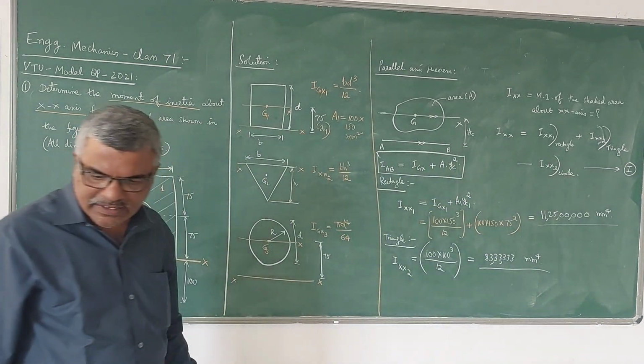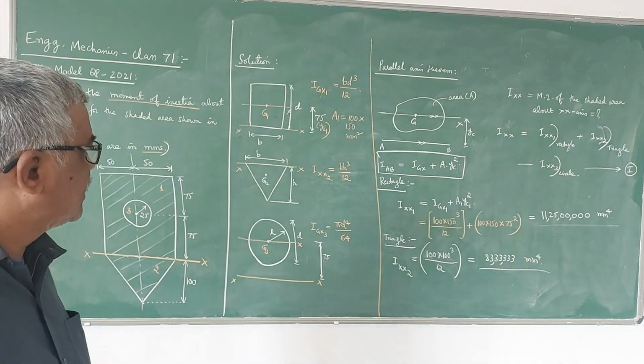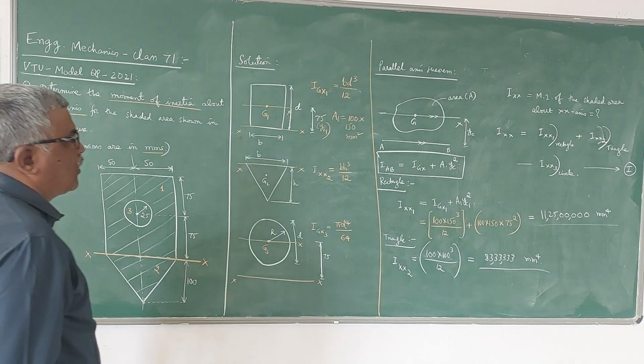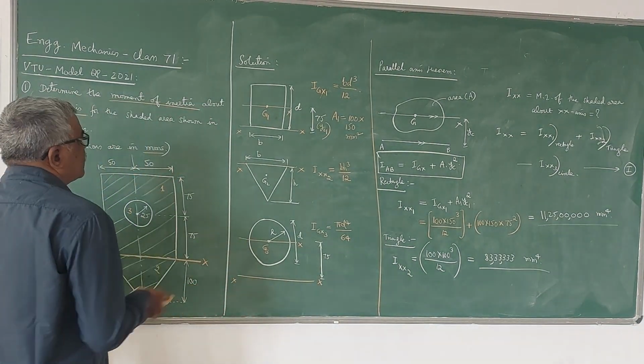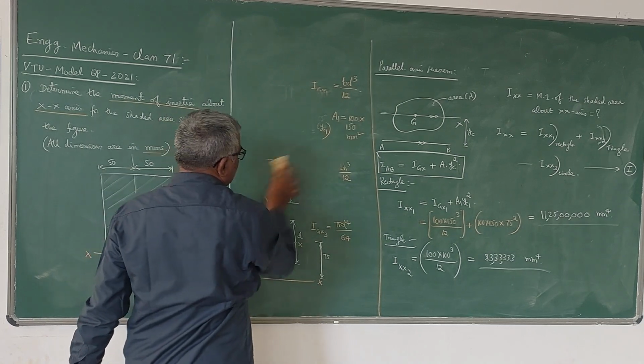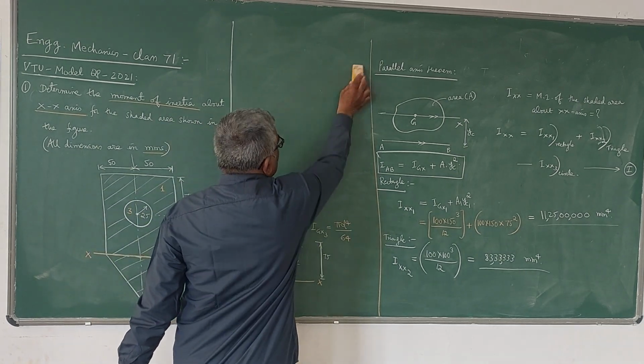Next is Ixx3, that is for the circle, which is negative. So you should be careful. It is negative. So what I will do now is write the third expression for the circle.